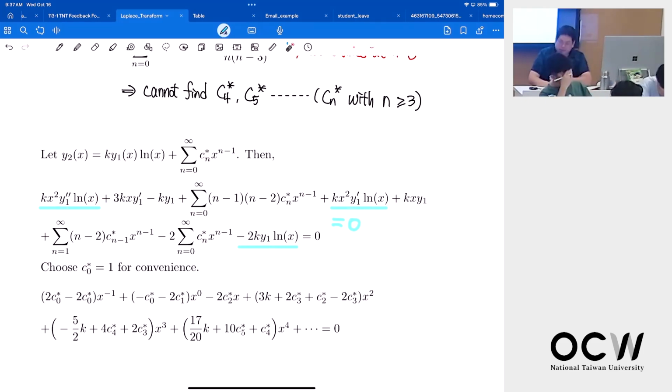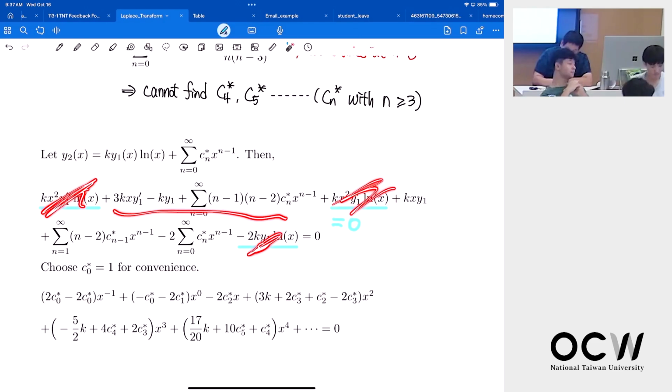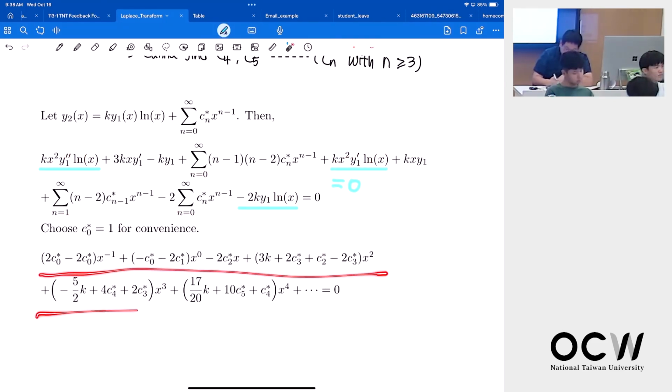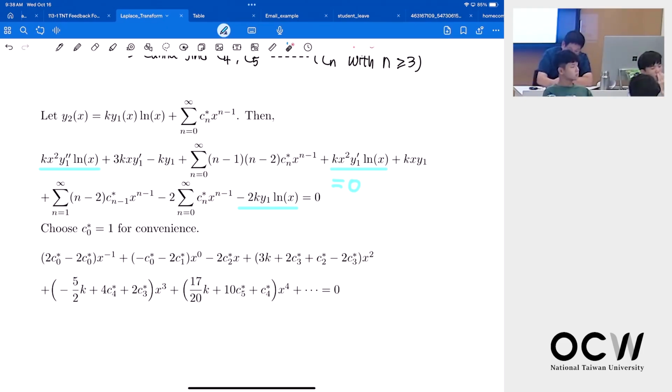Then, since they are 0, how about the rest of the terms? We just choose that c naught star equals 1, no particular reason, just for convenience. When you rearrange that, you will see the following terms.